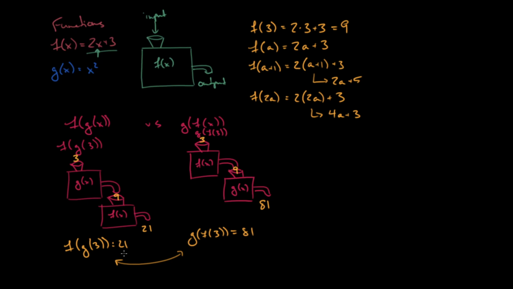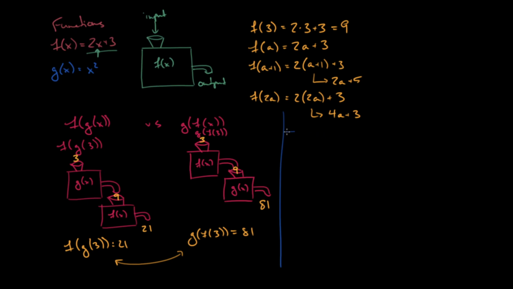Another way of thinking about this, so let's say I didn't want to go through this process every time, and I just want to think of it, just tell me what f of g is every single time. And I can do that by kind of working with these functions. So instead of what is going into f of x here, well, g of x is being plugged into f of x.